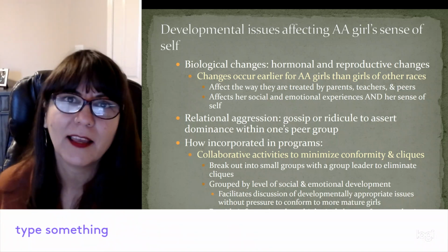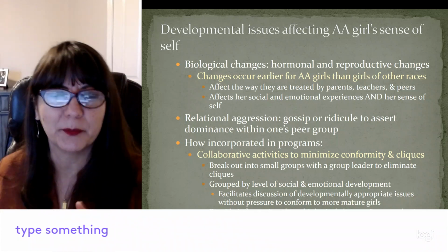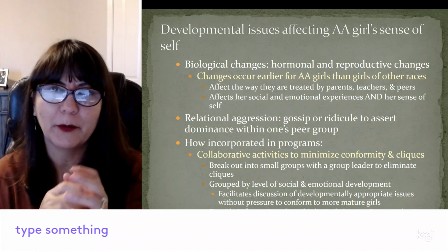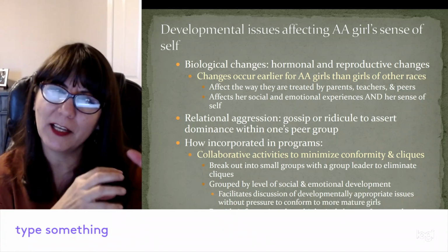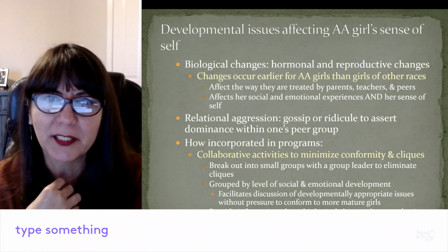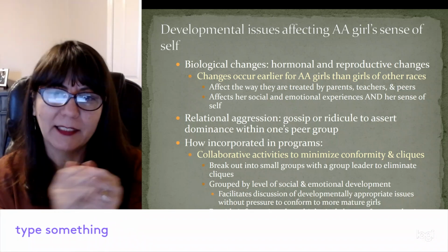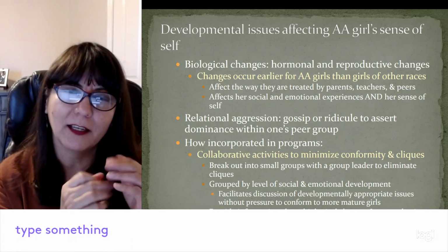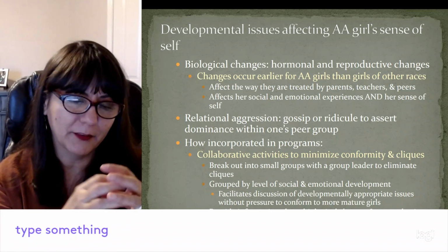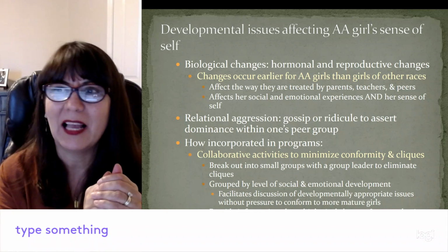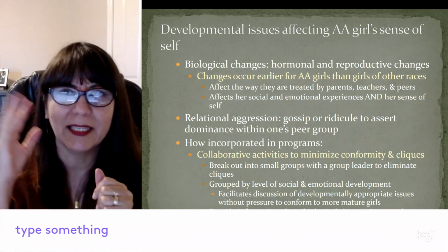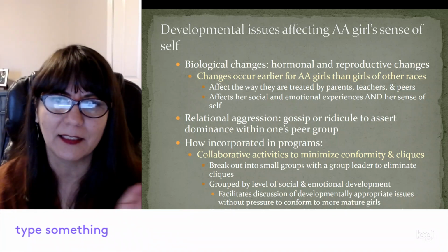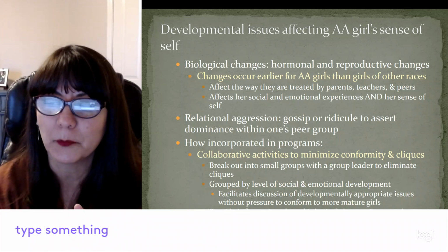Let's see, the other interesting part, in terms of the developmental nature, is that they tended to group girls that were in the same developmental level of maturity together so that they could talk about issues that were relevant to them at their level of development without having to comply or submit to pressures from people who were more mature among the girls participating in the program.